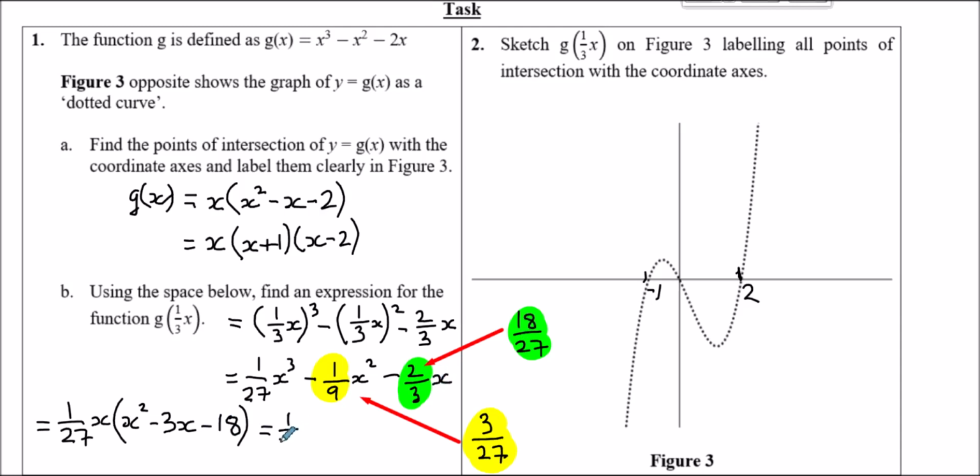As a final step, we can factorise slightly further. This expression here, 2 numbers that multiply to give minus 18 and add up to minus 3, that's positive 3 and negative 6. So this factorises into x plus 3 and x minus 6.